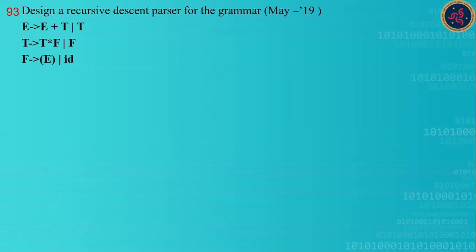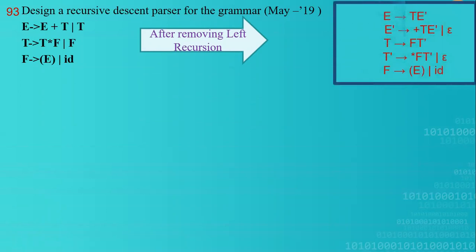ID is an identifier. When we look at this particular grammar, we can see that it has left recursion, right? So we need to remove the left recursion by applying the appropriate rules. After removing the left recursion, we get a valid grammar: E gives T E prime, and E prime gives plus T E prime or epsilon.